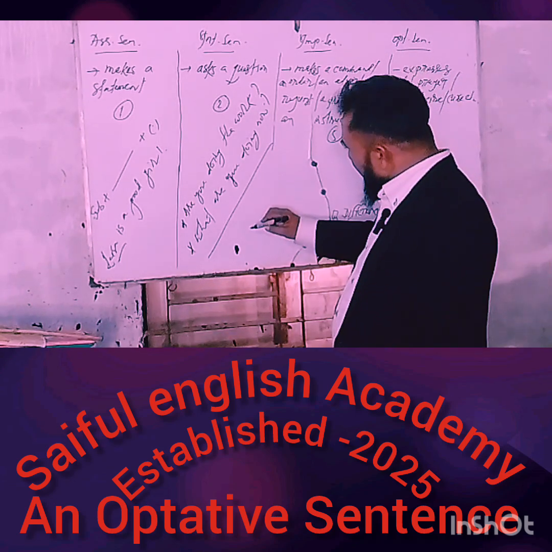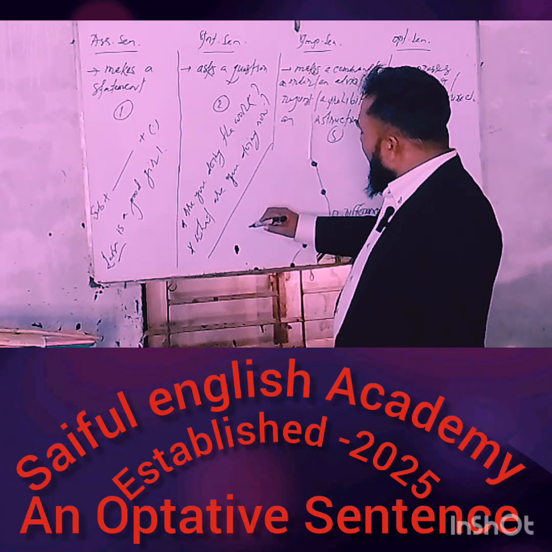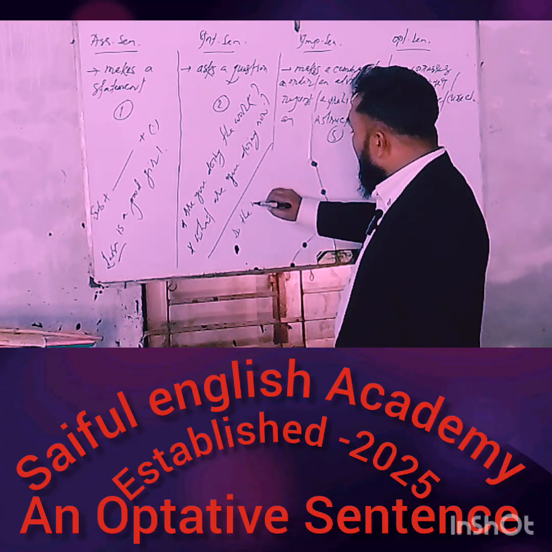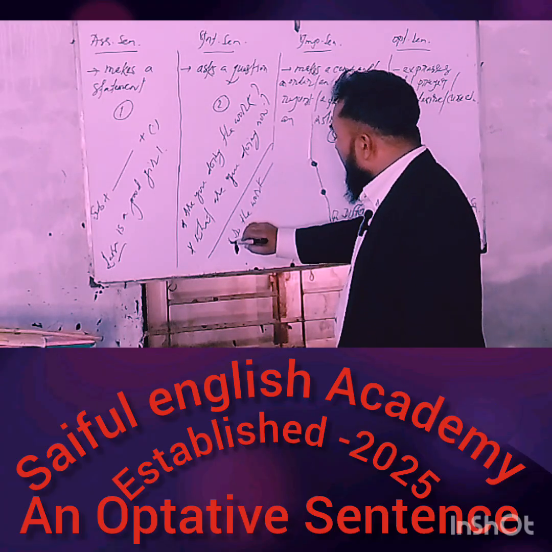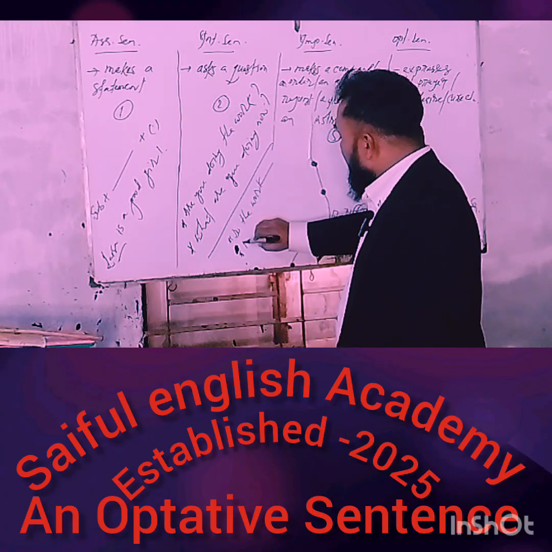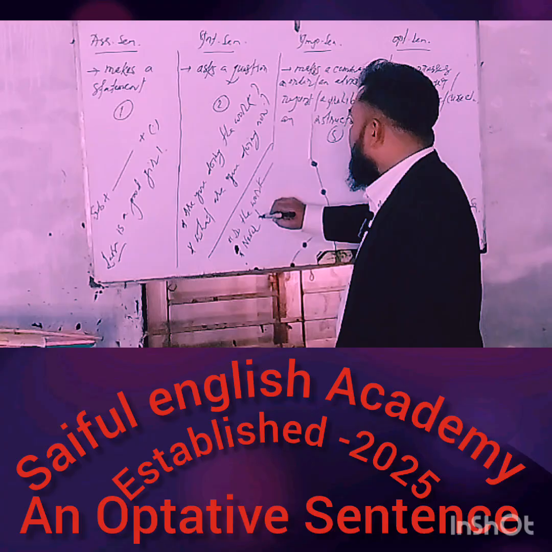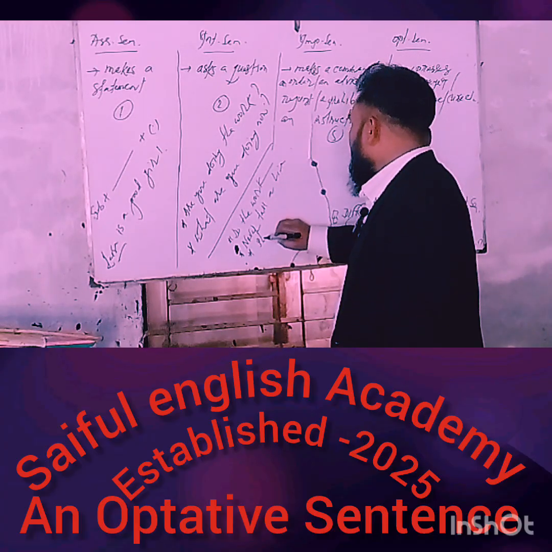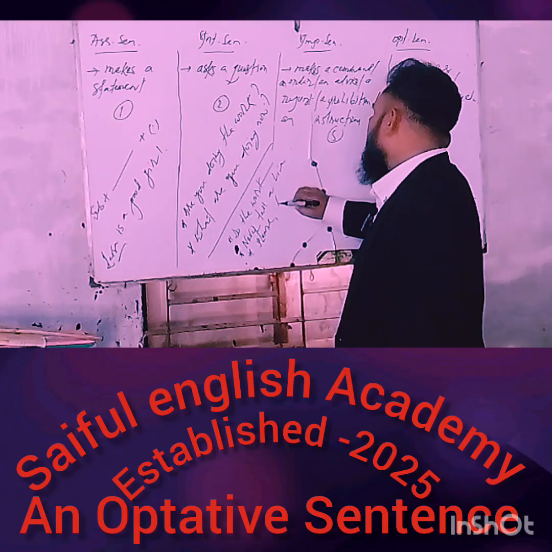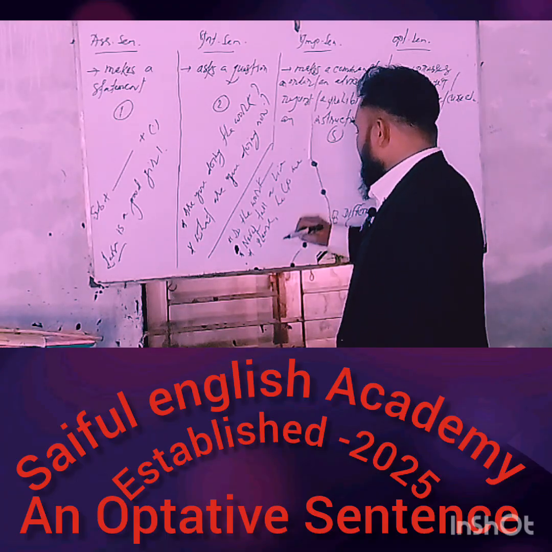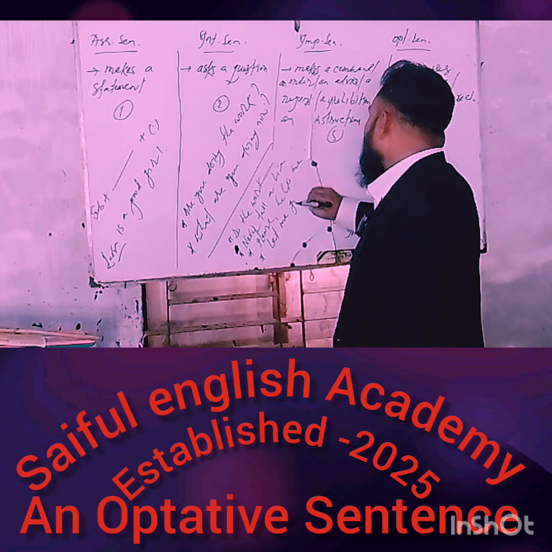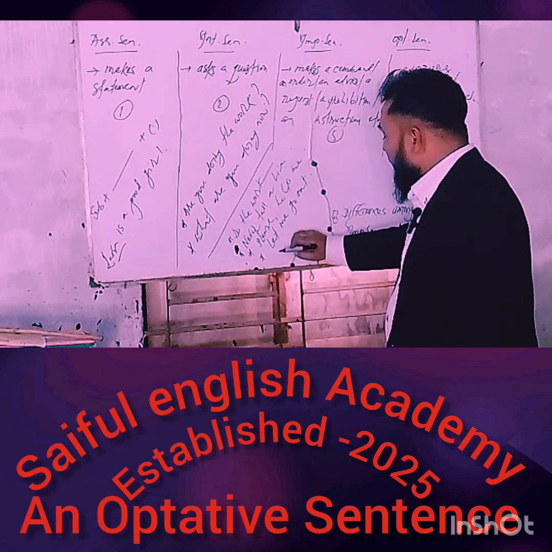My dear learners, on the contrary, an imperative sentence is structured in five ways. Number one, starting with a verb, such as, do the work. Number two, starting with do not, don't, never. Number three, starting with please or kindly, such as, please help me. Number four, starting with let, such as, let me go out.